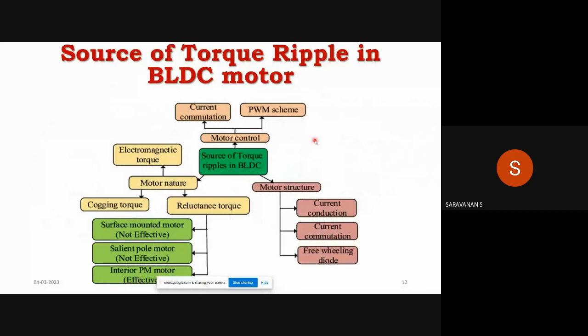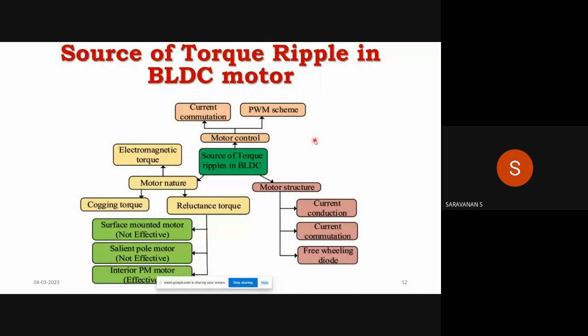Then we will discuss the problems in the BLDC motor. When we design a BLDC motor, the main parameter we measure is torque ripple. Torque ripple is the major problem in every electrical motor design. The common parameter in every electric vehicle is torque ripple.